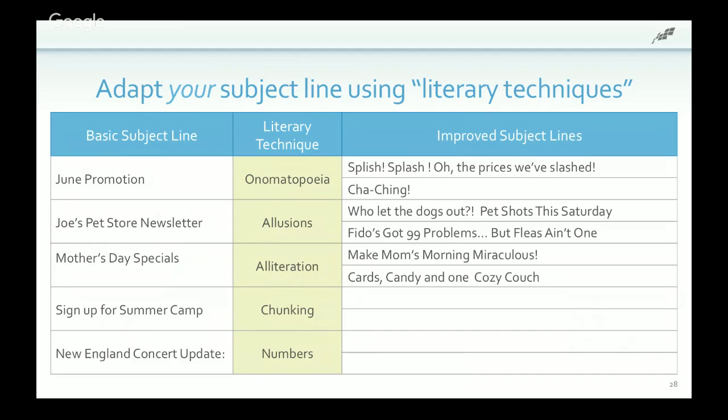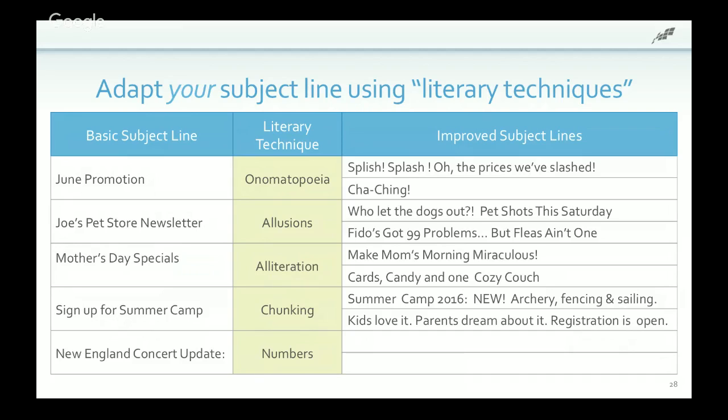Sign up for summer camp, chunking: Summer camp 2016, new, archery, fencing, and sailing. You've chunked 3 things together into one easy to digest bit: archery, fencing, and sailing. Or: kids love it, parents dream about it, registration is open. So chunking 3 things together is a really easy way to capture people's attention with a great subject line.